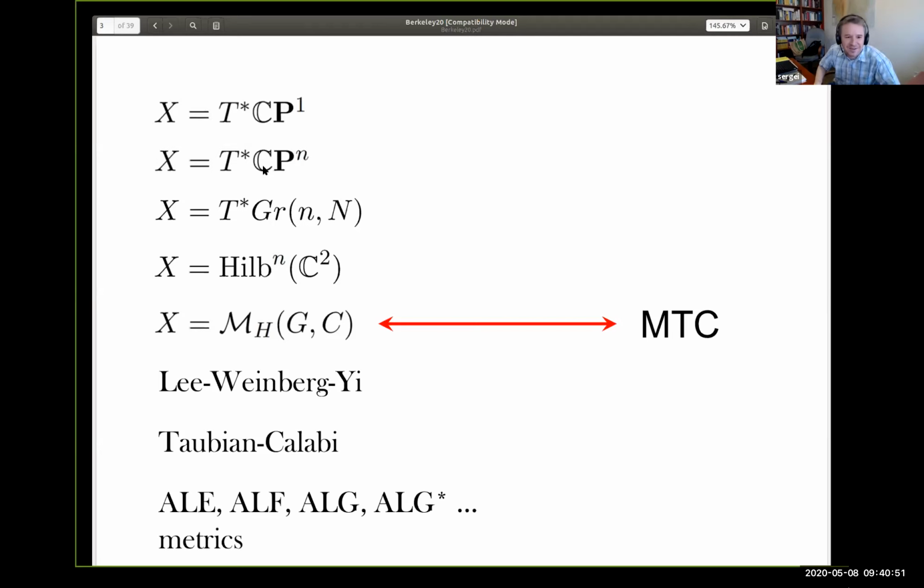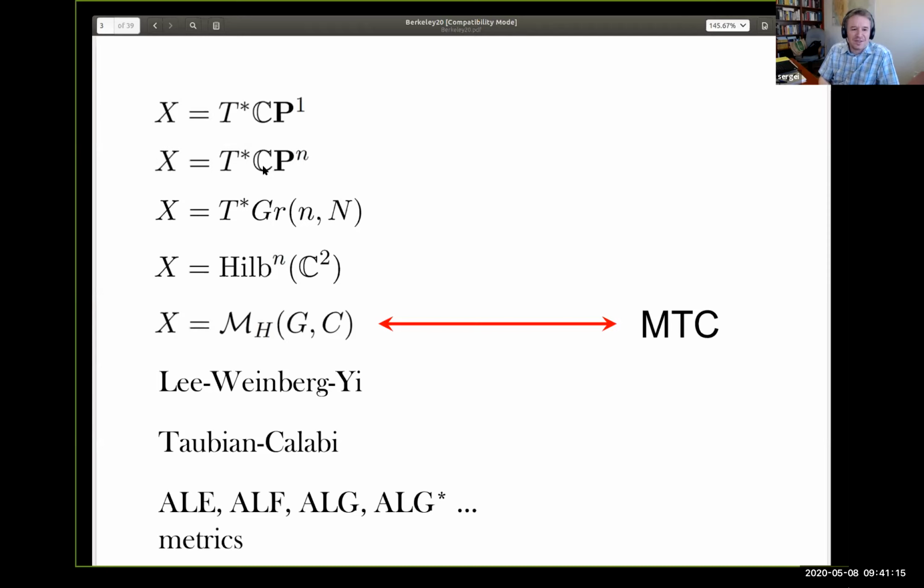And this in turn belongs to a larger family of cotangent bundles to Grassmannians of lower n-dimensional planes in higher n-dimensional spaces. Other examples of non-compact hyperkähler manifolds are Hilbert schemes of points on ALE spaces, for example, here just on C2, that's also good enough.